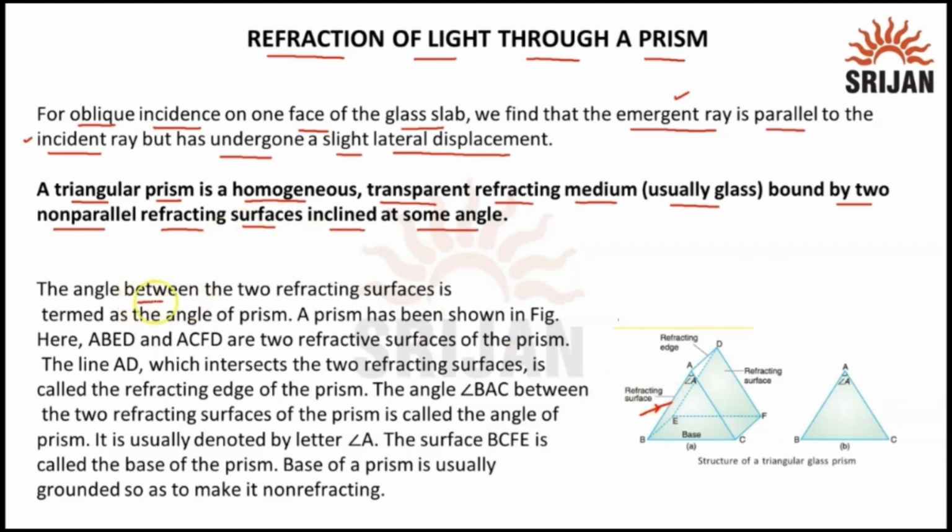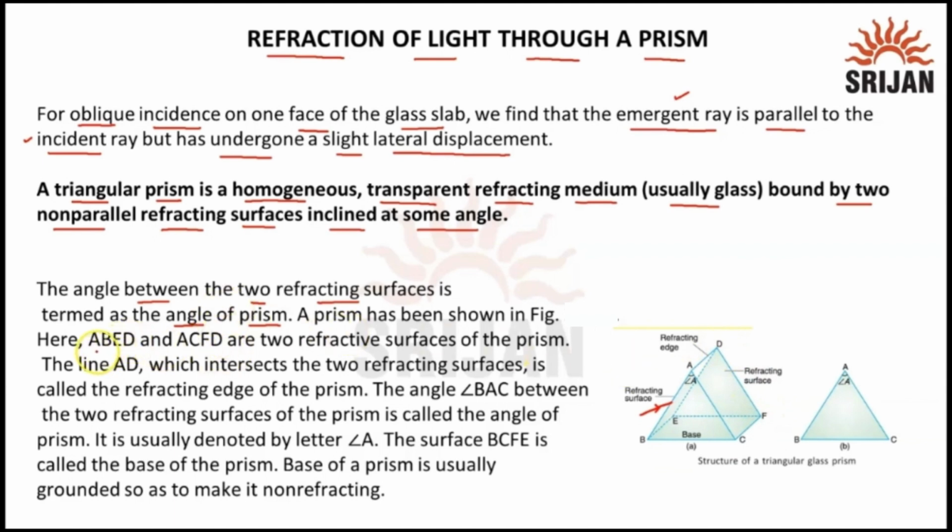So, the angle between two refracting surfaces is known as the angle of prism. But let's first understand what these two refracting surfaces are. See, ABED is one refracting surface, and another one is ACFD.